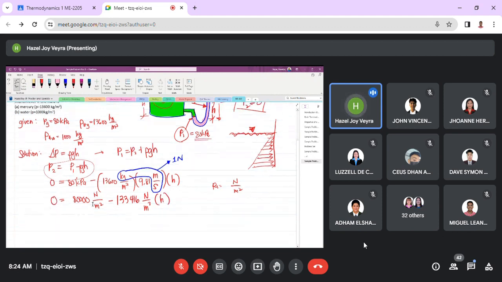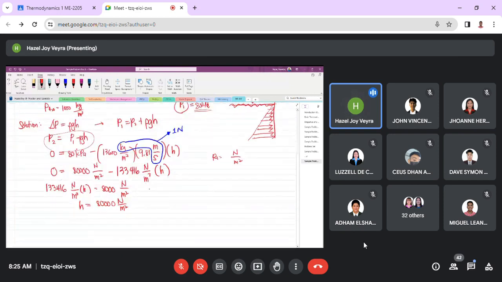So, transpose. 133,416 Newton per meter cubed times height is equal to 80,000 Newton per meter squared. So height will be 80,000 Newton per meter squared all over 133,416.